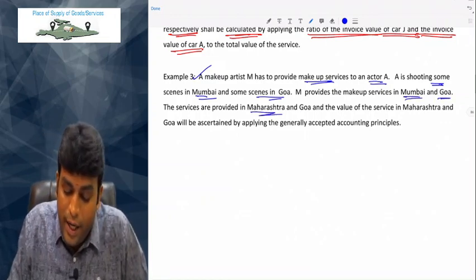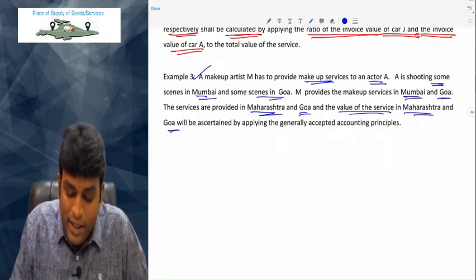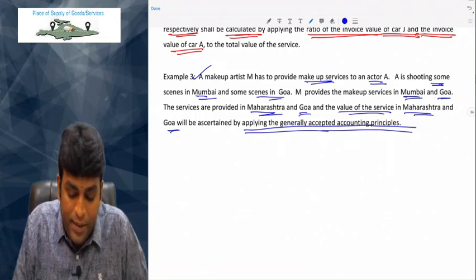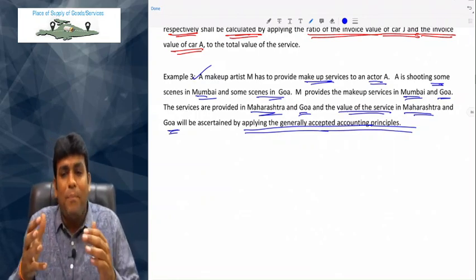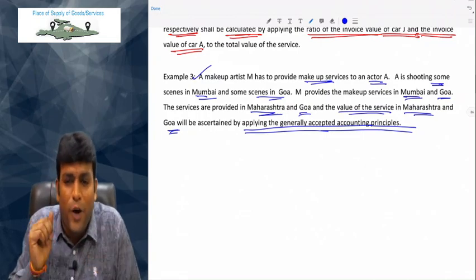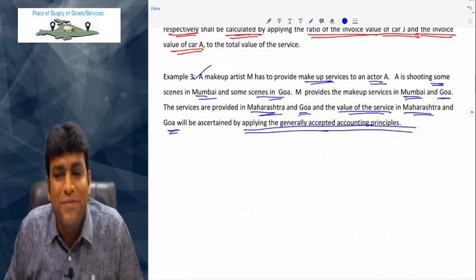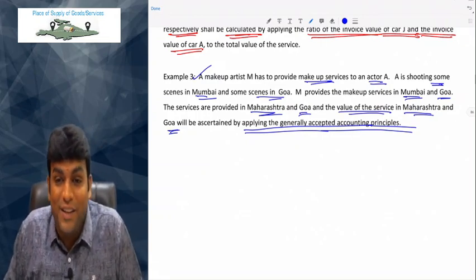That is Maharashtra and Goa. The value of service in Maharashtra and Goa will be ascertained by applying generally accepted accounting principles. GAAP is not defined anywhere. GAAP means whatever accounting principle you generally follow, that principle will be followed here also. That's all. Clear, right? So friends, what did Rule 7 say, sir?